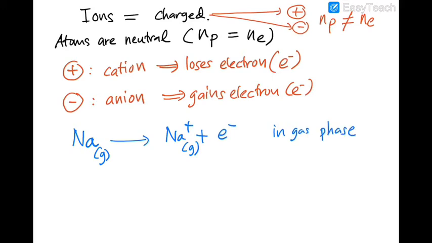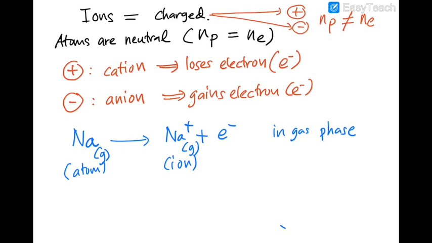Now, because the sodium loses one electron, the sodium itself now becomes a cation. Now it is a positively charged sodium. So if we call this an atom, this one is a cation.